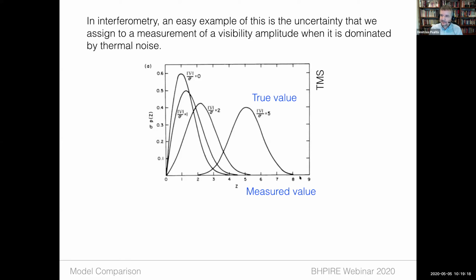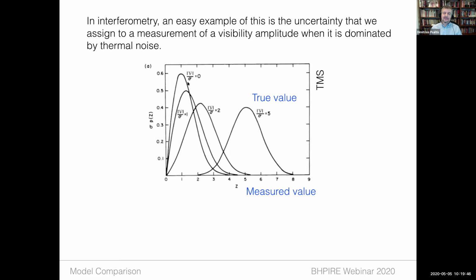This is the physical model that I talked about of telling us what the performance of the instrument is. And when that signal to noise ratio is large, then the distribution of measured values is indeed peaking at the true value, 5, and it has a width that is comparable to the signal to noise ratio of the true measurement.